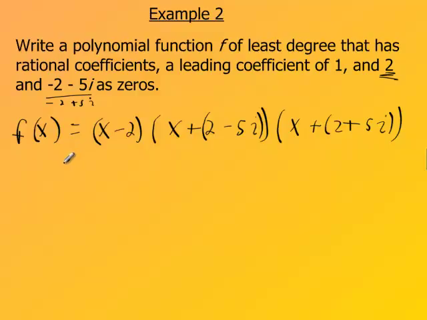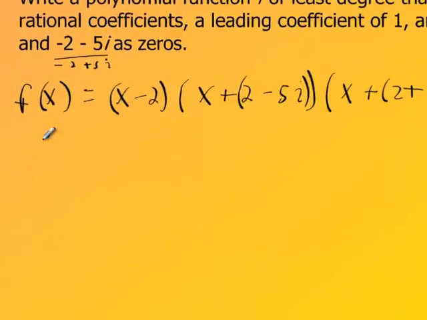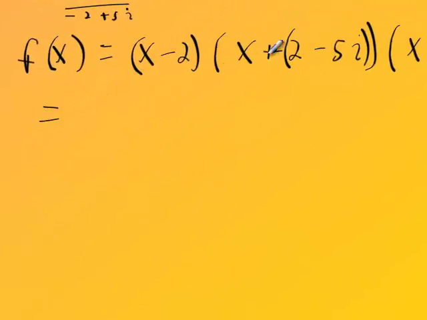Now we need to write this in standard form. So let's do that. Now this will be a lot easier if I change my grouping here. So this is a little trick, if you will. We can change our grouping by using the associative property with those second factors. So I'm going to bring down my x minus 2 first.